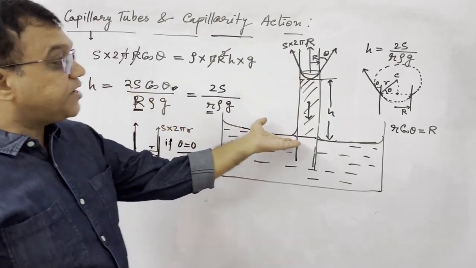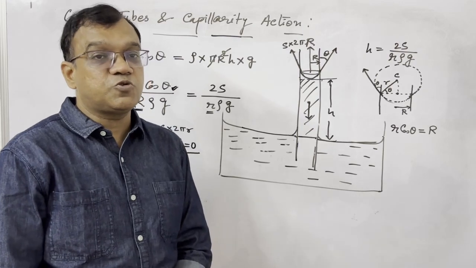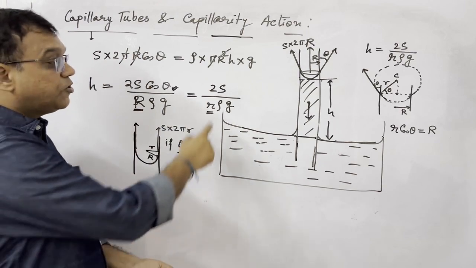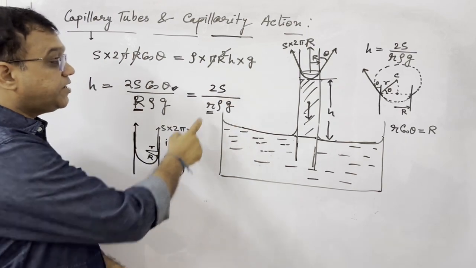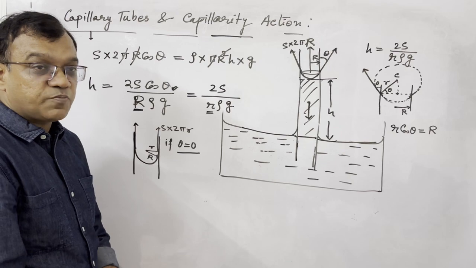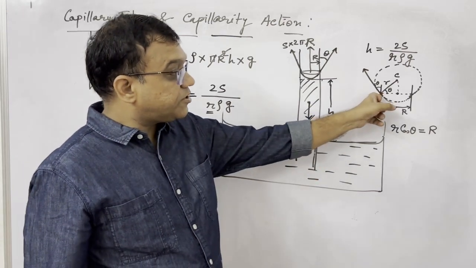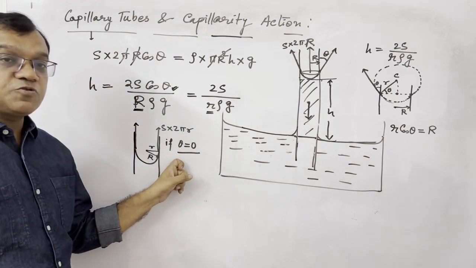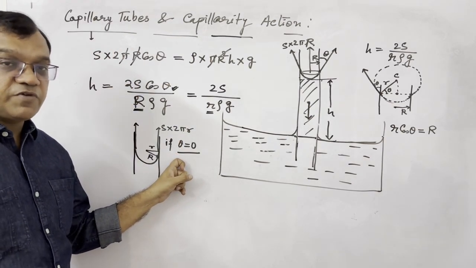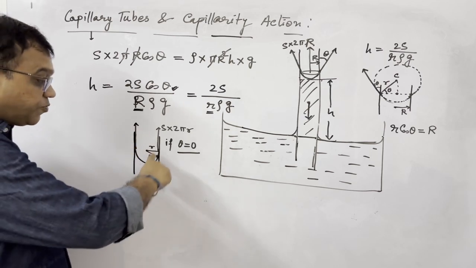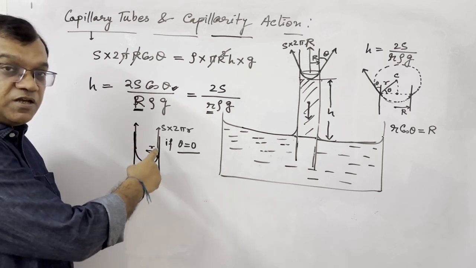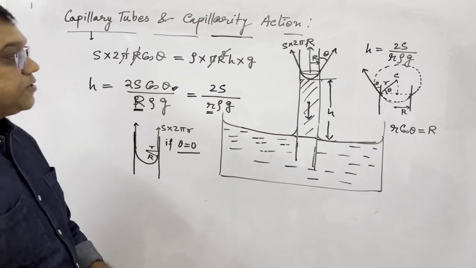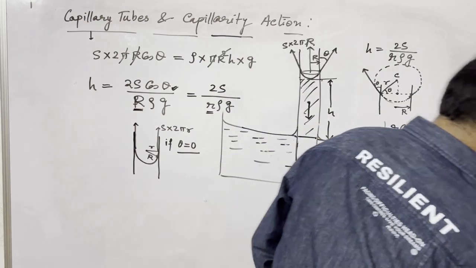From that we got that height of the liquid in the tube is equal to 2s cos theta upon r rho g, wherein this r is the radius of the tube, or 2s upon r rho g, where here r is the radius of meniscus. The relation between the radius of the tube and meniscus has been explained in this way. If theta is equal to 0, that is when the contact angle is 0, the shape of the meniscus will be hemispherical, and here the radius of meniscus is equal to the radius of tube only. Now some more points we'll see.